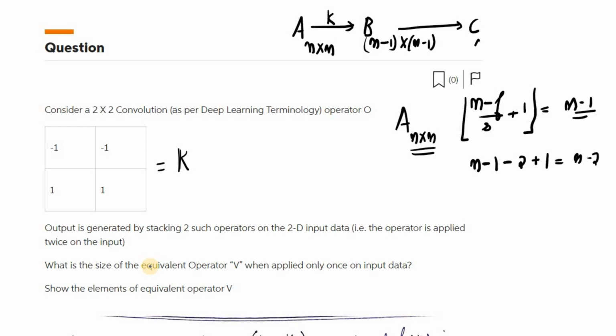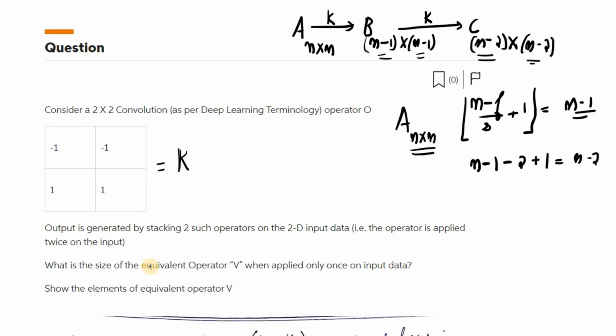So C will be of order n minus 2 cross n minus 2. Yeah. So we have A, we apply the convolution kernel K on A to obtain B. We apply the convolution kernel K on B again to obtain C. And this is the dimensions we are getting after successive application.